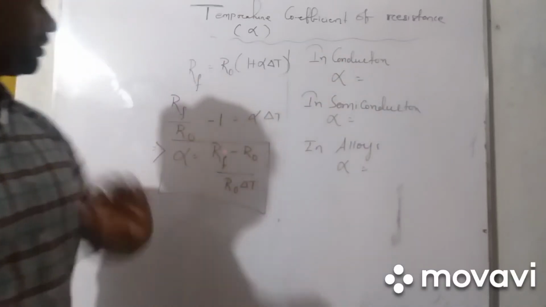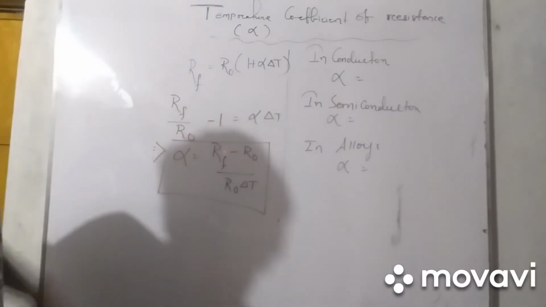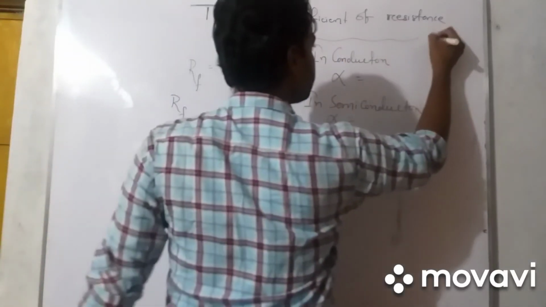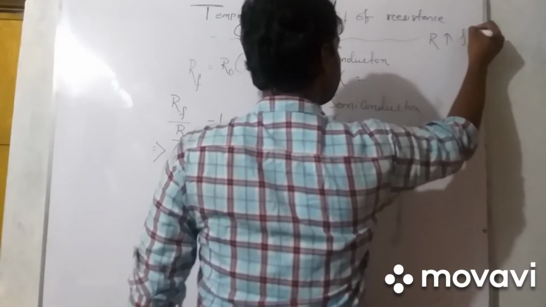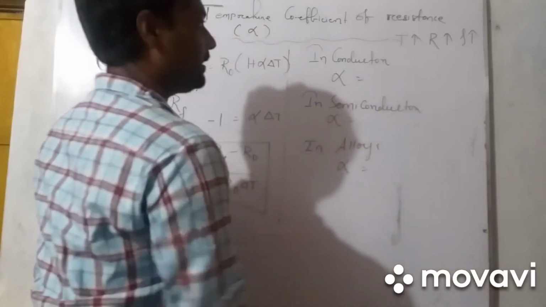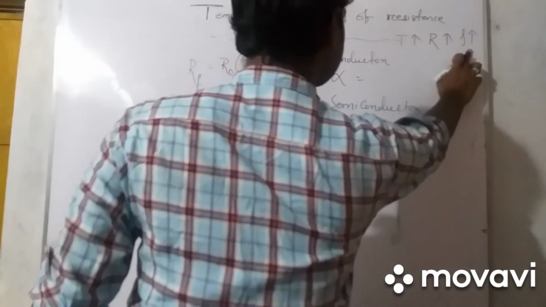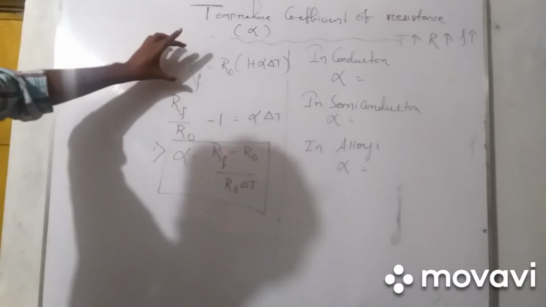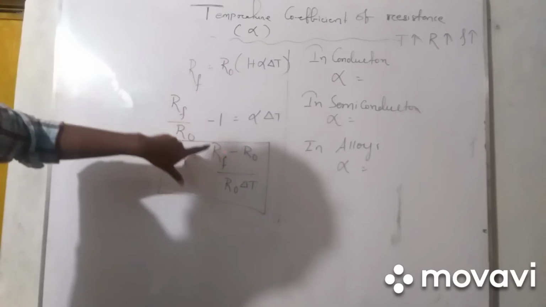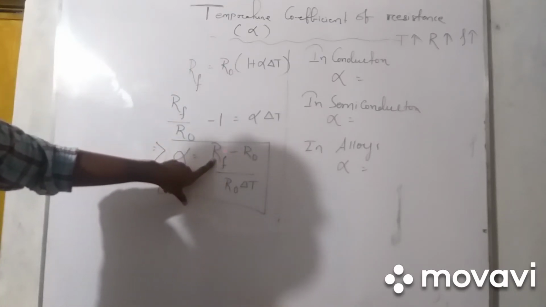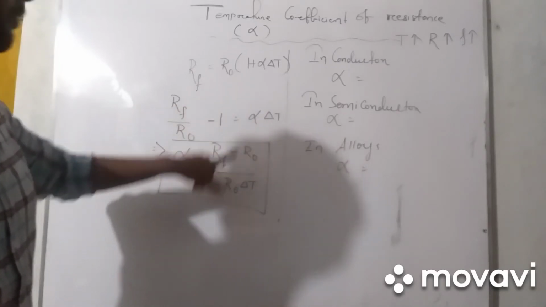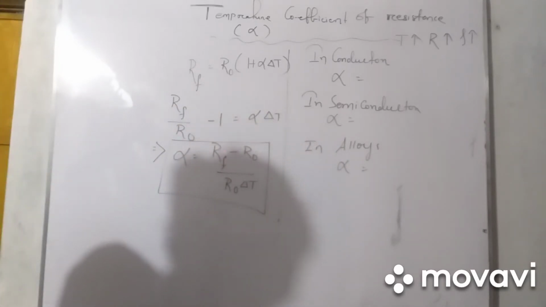Now in conductor, we know resistance increases and resistivity increases because of the increase of temperature. So if you increase the temperature, the resistance or resistivity at the final temperature increases.